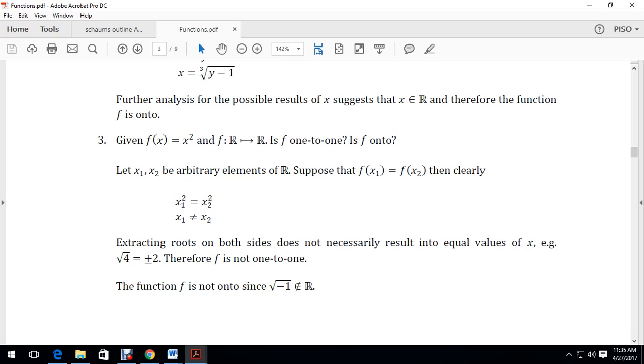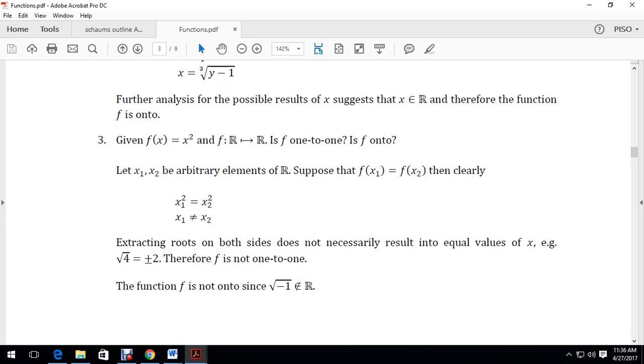Extracting the square root of both sides, we have x sub 1 and x sub 2. Now take note, x sub 1 is not necessarily equal to x sub 2. The reason is, whenever you extract the square root of two numbers, the result of that extraction results in two possible values, one positive and one negative.